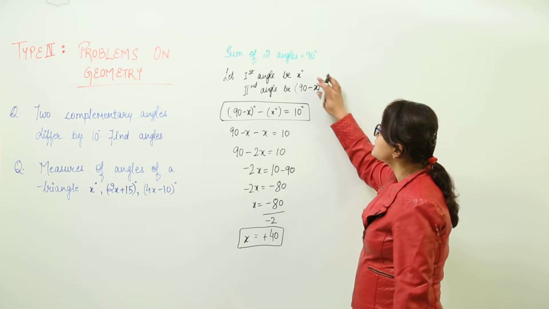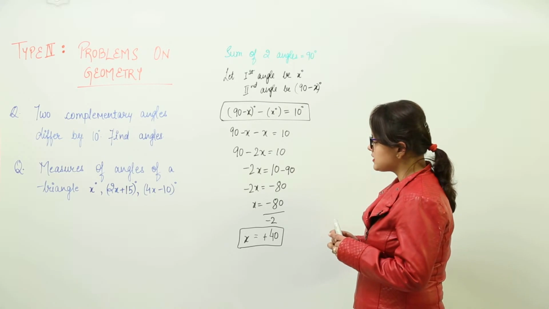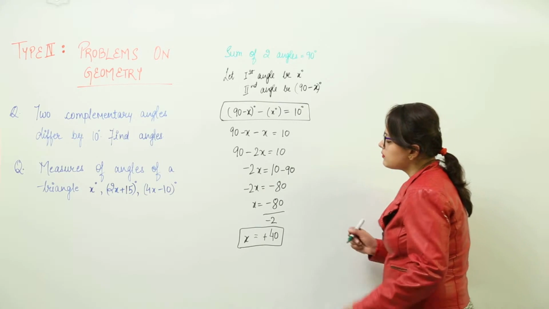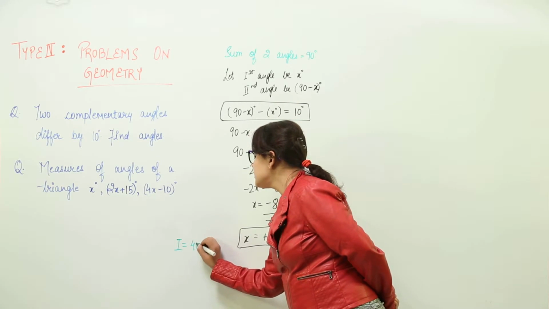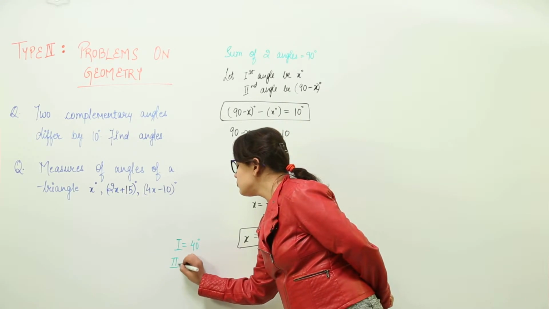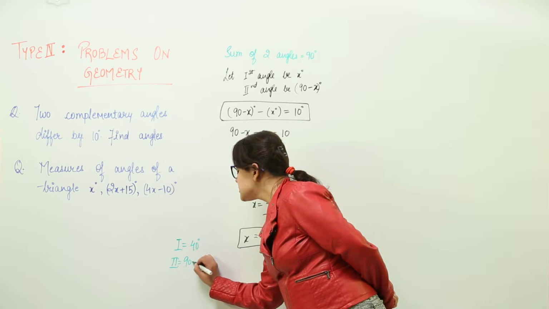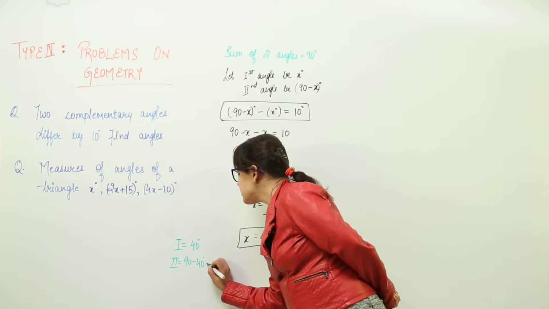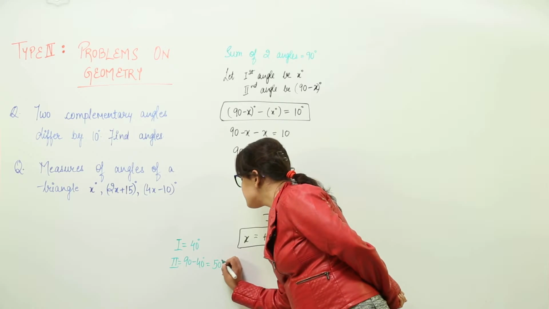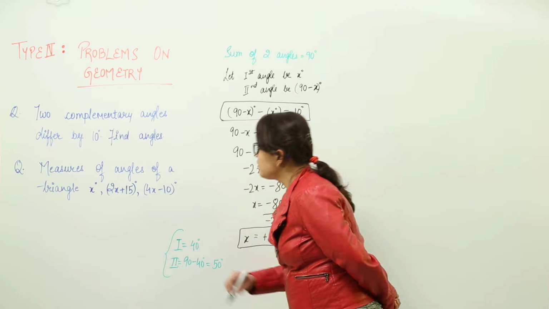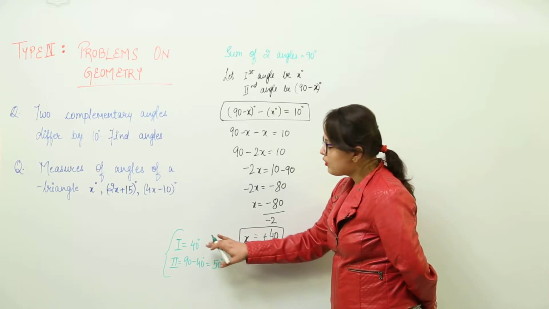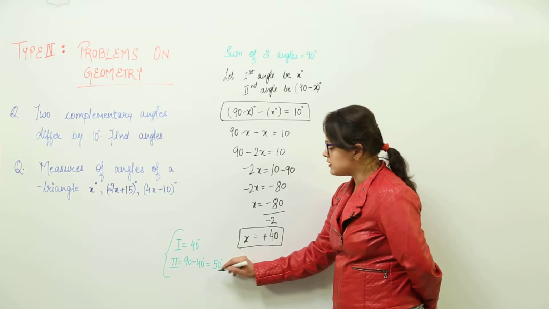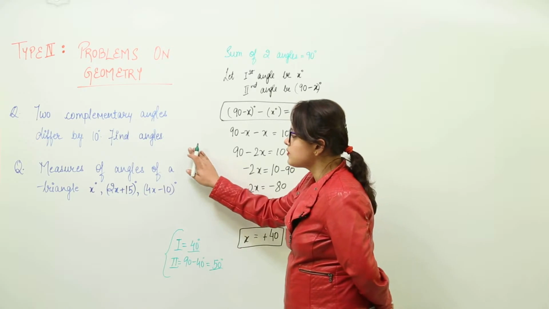The first angle is 40 degrees and the second angle is 90 minus x, that is 90 minus 40, giving us 50 degrees. So the two complementary angles are 40 degrees and 50 degrees. That was the first question.